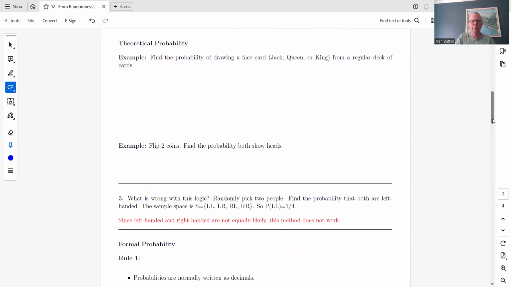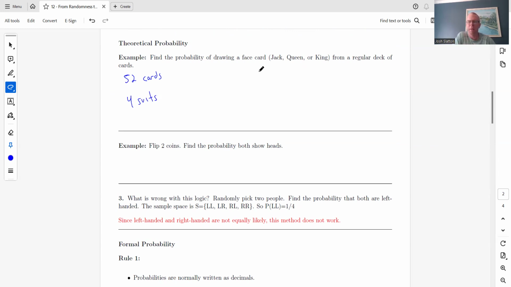All right, so let's talk about theoretical probability. Find the probability of drawing a face card, which is a jack, queen, or king, from a regular deck of cards. If you're not familiar with cards, there are 52 cards. There are 4 suits: the spades, clubs, hearts, and diamonds.